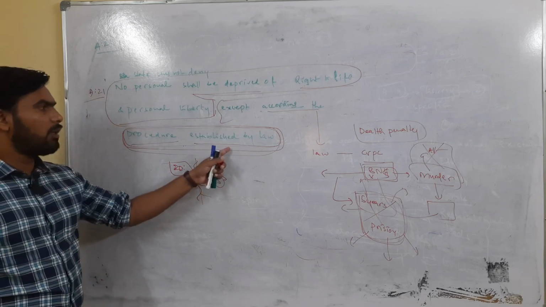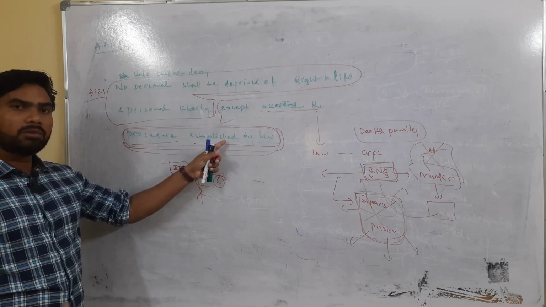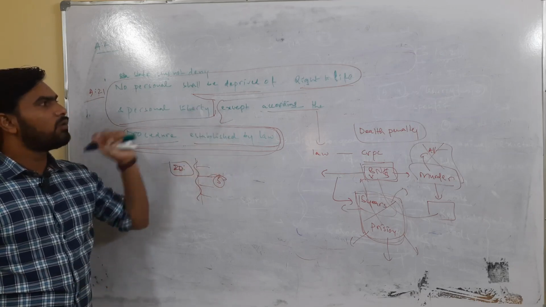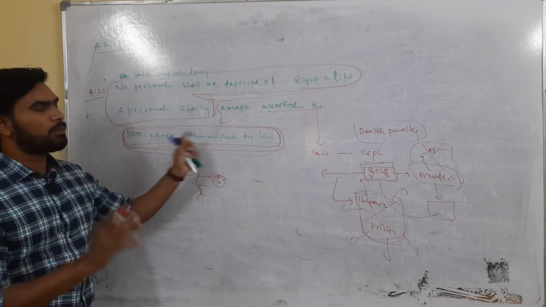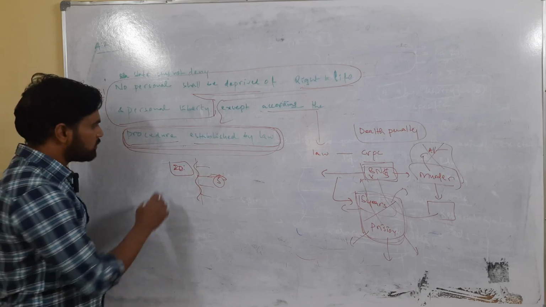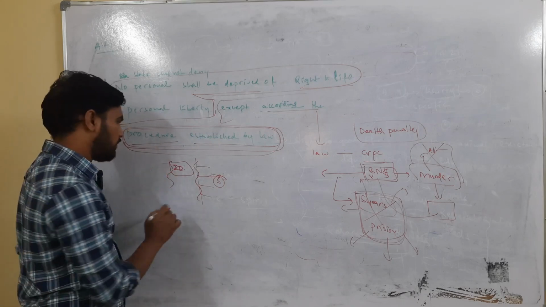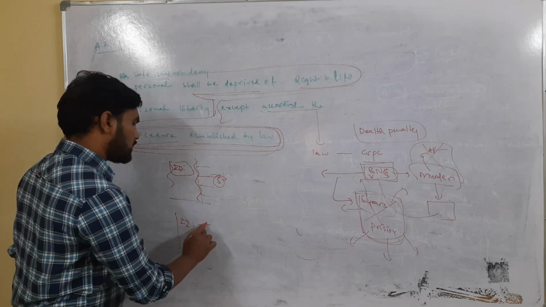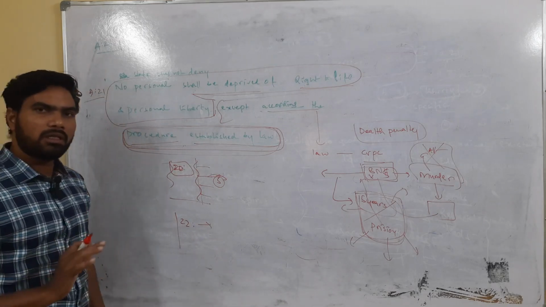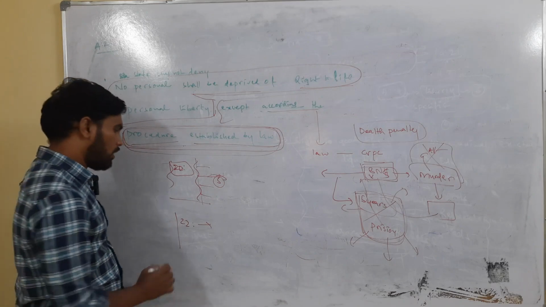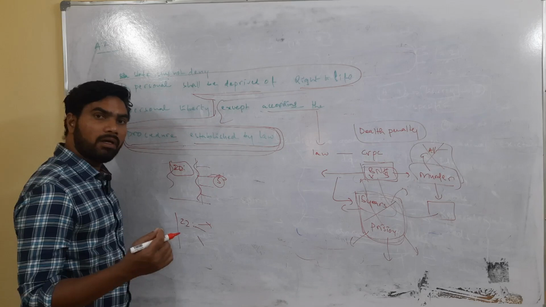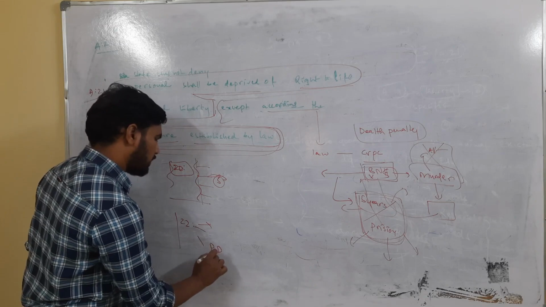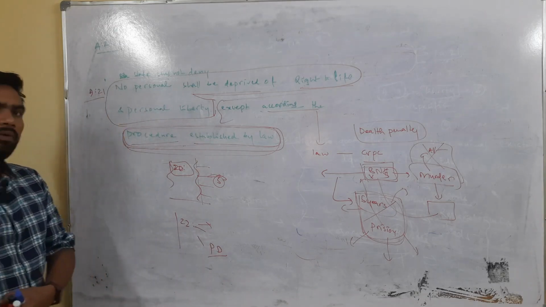These are to prevent the government from arbitrarily taking away the right to life and personal liberty, though there is a procedure established by law. In Article 22 also you will see other protections: protections when a person is arrested under normal law, and protections for persons arrested under preventive detention laws.